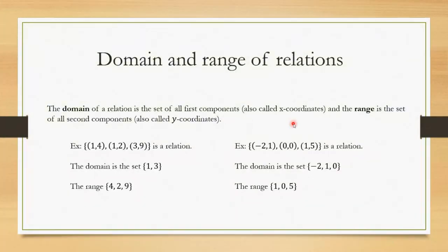It's all the first components, all the x coordinates, whereas the range is all the second components, that is, all the y coordinates. So here, for instance, 1 is in there. We said 1 already, so we don't say it again. 3, right? That's the domain. Remember, in a set, you don't list something more than once. No repetition.